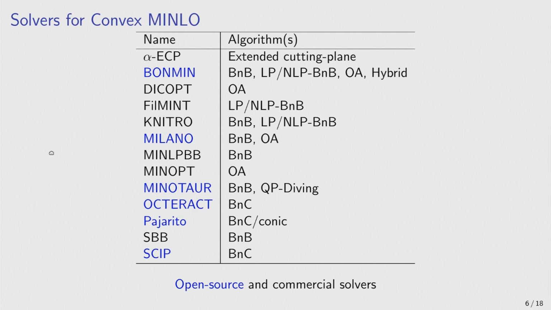Here's a sort of short preview of some of the solvers and techniques for mixed integer nonlinear optimization. And we'll talk about branch and bound and branch and cut later. There's a whole host of open source and commercial solvers. The ones that you should be familiar with are MINLP_BB, which is a very rickety and old branch and bound solver. It was one of the first mixed integer nonlinear programming solvers that was out there.